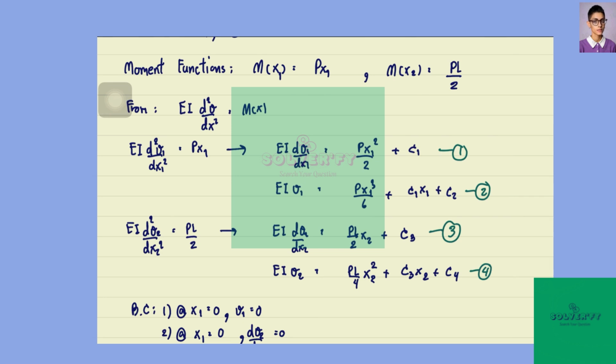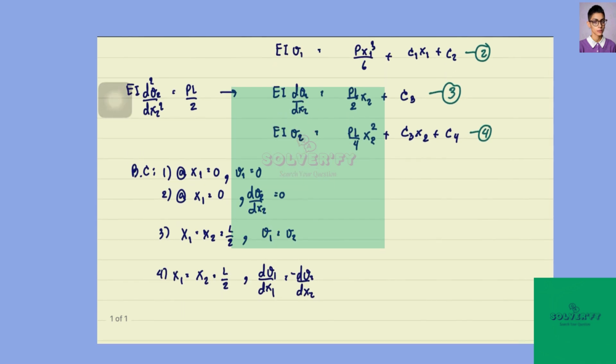From the boundary conditions, at x1 equal to 0, v1 equal to 0. If we take that in equation 2, we have that C2 is 0.